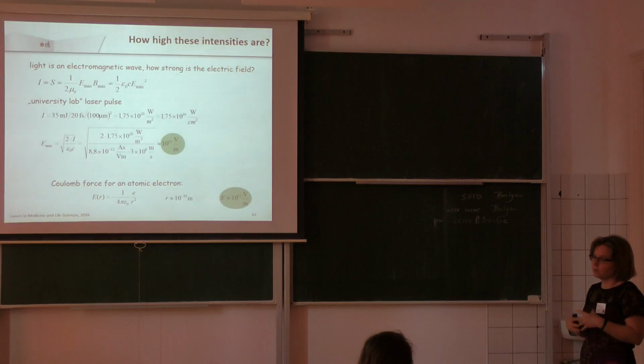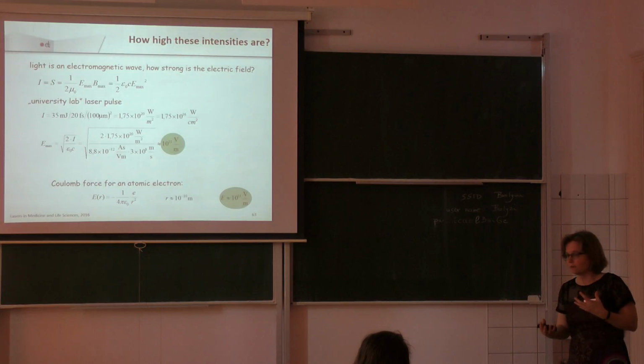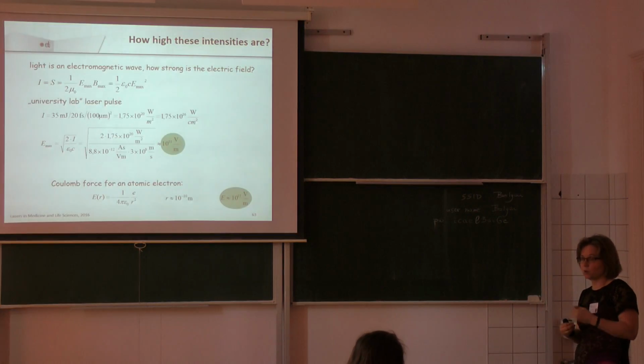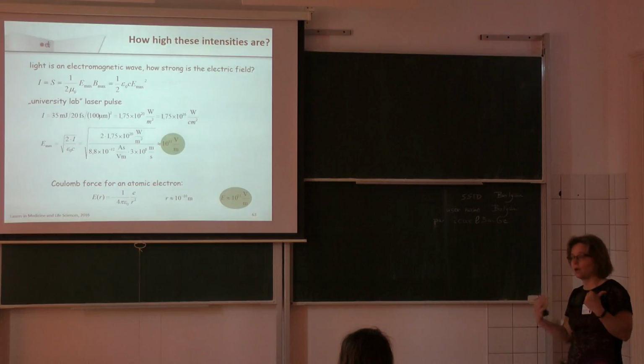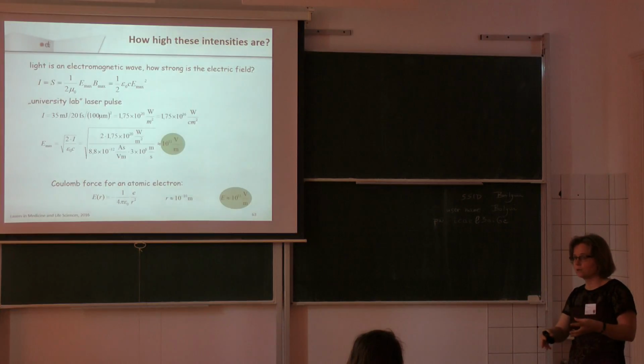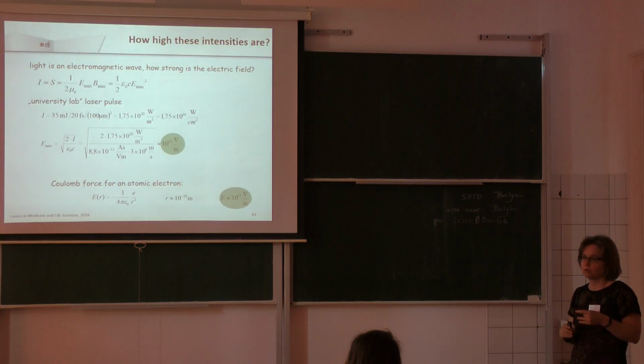So basically we can produce in this laboratory the same strength of electric field that would bind an electron to the atom. So with our laser light we can ionize this system, or we can do all sorts of funny things. We can put a molecule into the laser light and in a way break any of the bonds that we choose to.